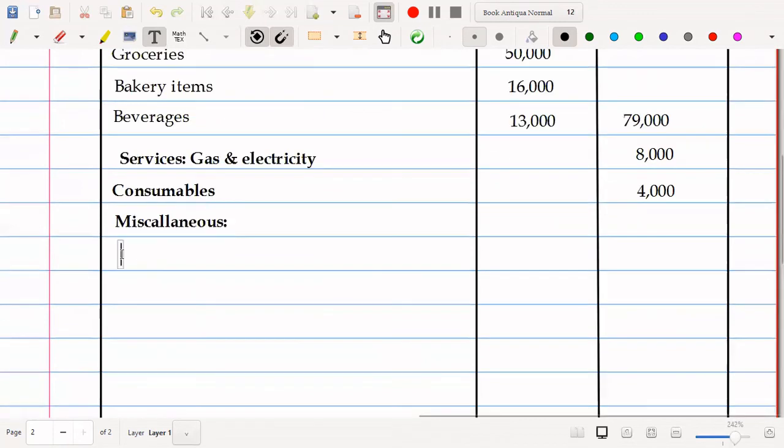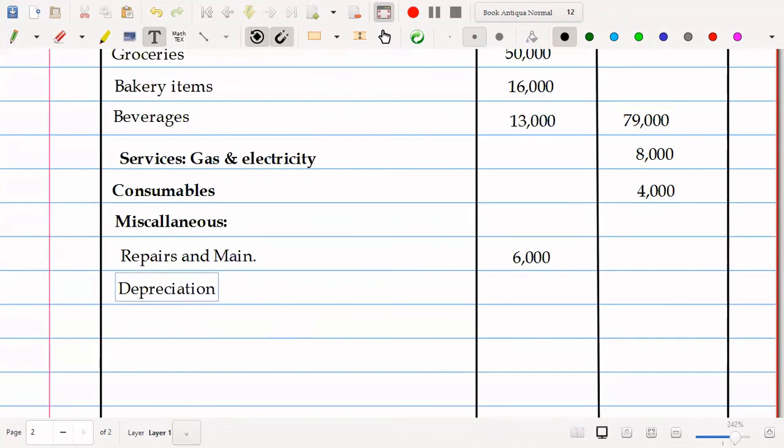First item, repairs and maintenance. I'll take it here in short. Repairs and maintenance rupees 6,000. And next is depreciation. The given amount is rupees 2,000.